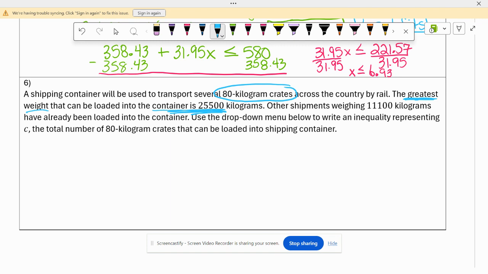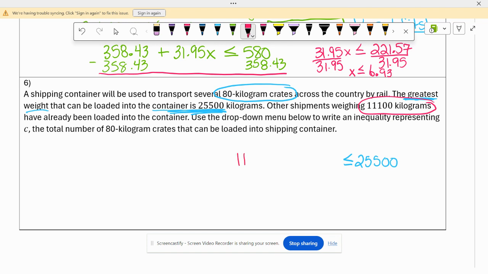What's that inequality look like? The container can't weigh any more than, less than or equal to. So whatever we do has to be less than or equal to 25,500.